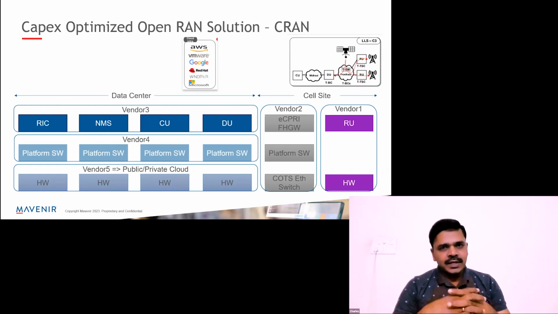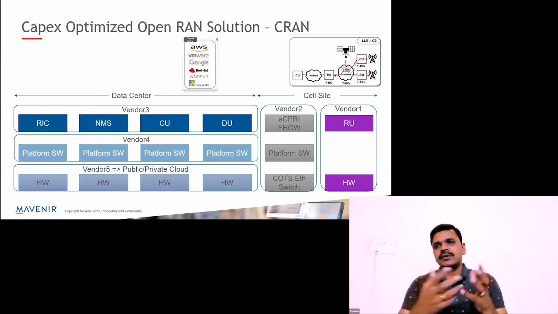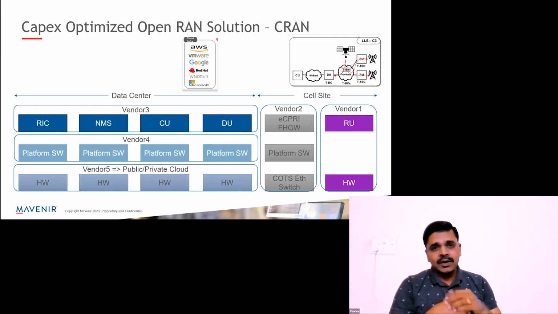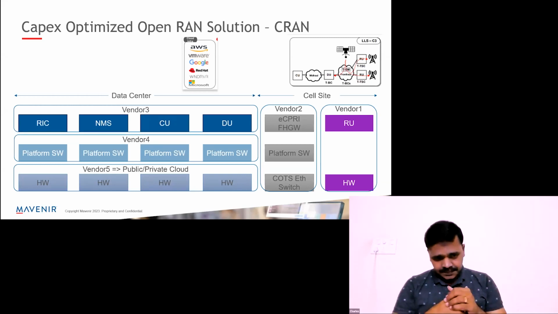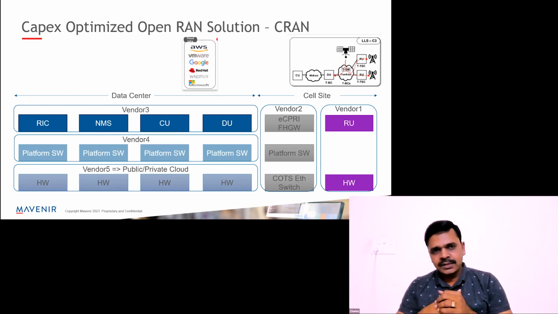The other opportunity is to convert the Capex to an operational expense by going to a cloud provider and renting the compute from a cloud service provider. That way, a huge part of the Capex in terms of the servers and COTS servers is taken away from the operator's bucket and converted to an operational expenditure.